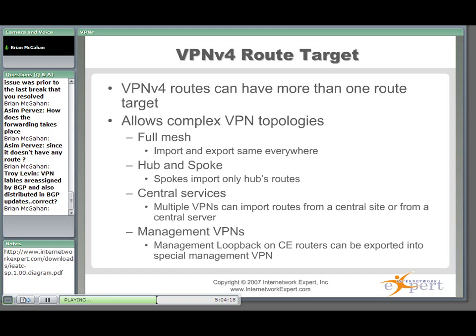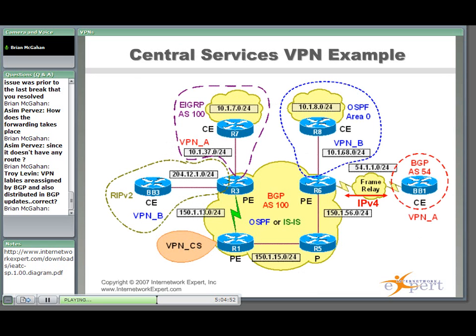Okay, now since the customers may be using overlapping addressing, for example, the customers are all using the 10 network, what we can do is assign a unique address onto the customer edge equipment, then export it from the VRF into BGP with a specific route target that is then going to be imported at the central management location. So we could say that only the management station has access to a specific loopback on the customer edge routers, and the individual customer edge routers do not have access to anything else.